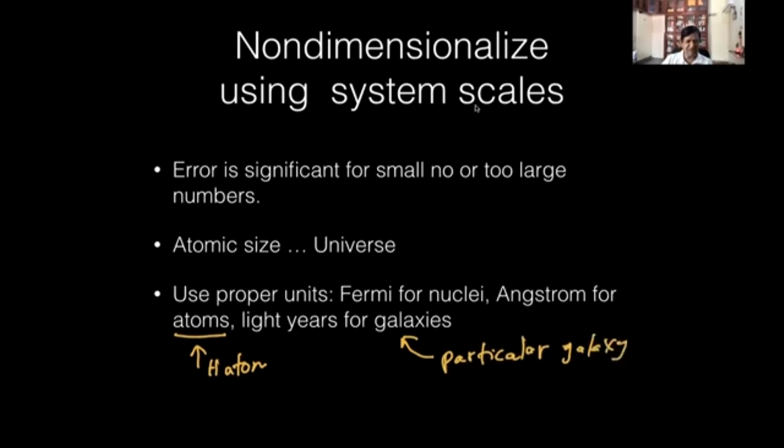It's very convenient. You'll see in the next example how it goes. So, non-dimensionalize using system scales. System time scale, system length scale, we'll use that, and non-dimensionalize. So, in the new equation, we will not have small length scales or large length scales. All will be order 1.